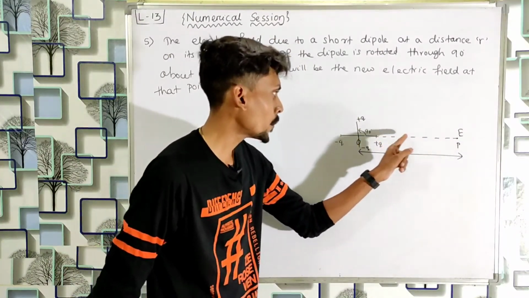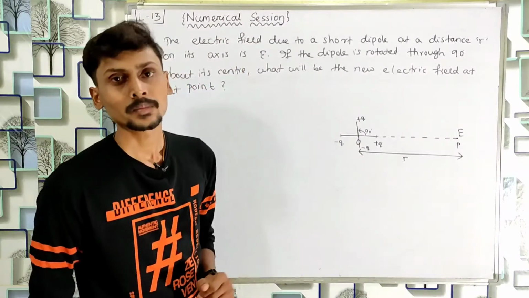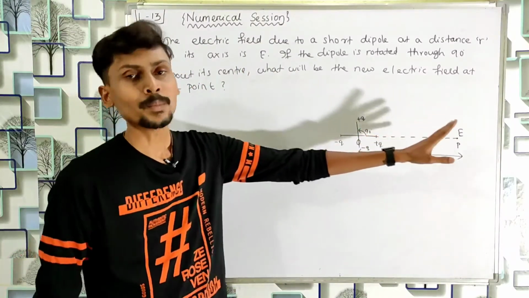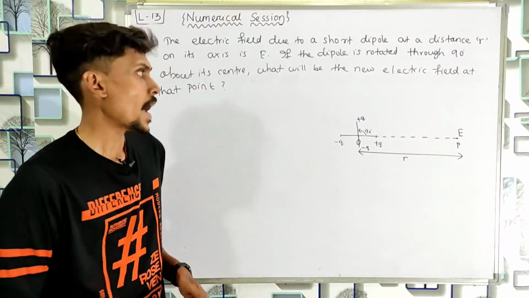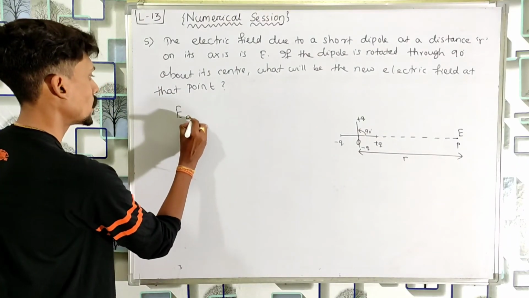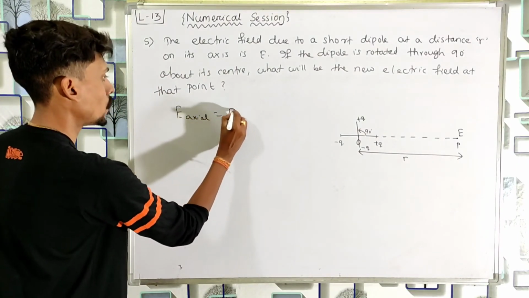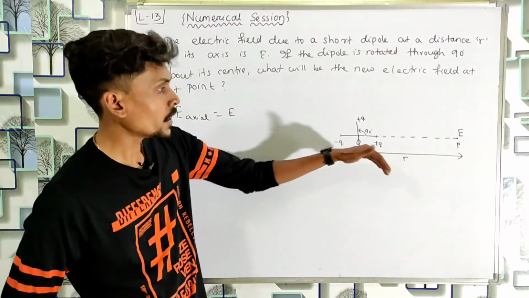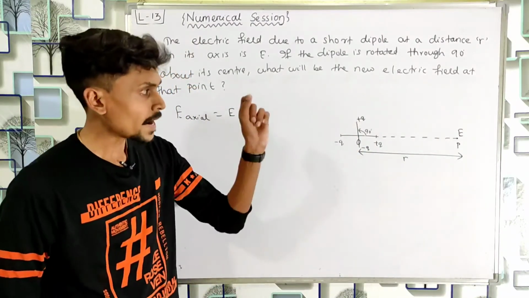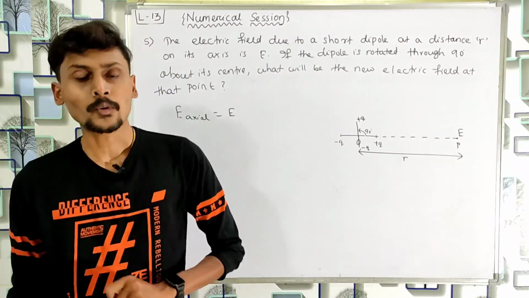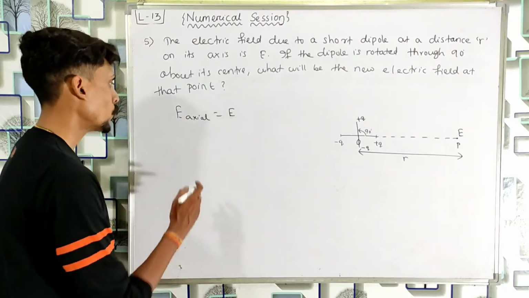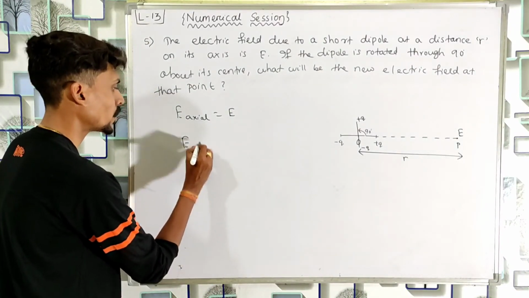This is the perpendicular bisector of the dipole. So initially the point P was an axial point, and E axial was equal to E. But after rotating the dipole through 90 degrees, that point P becomes the equatorial point. And we have to find what is E equatorial.